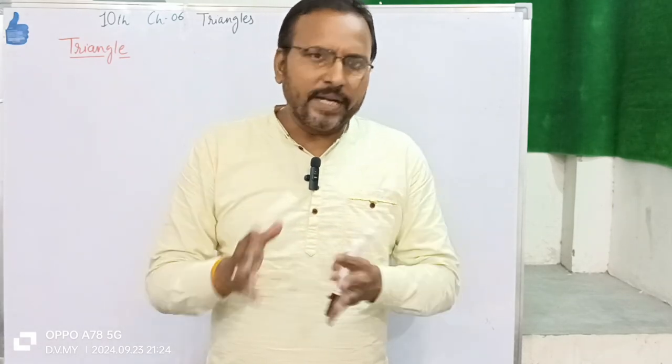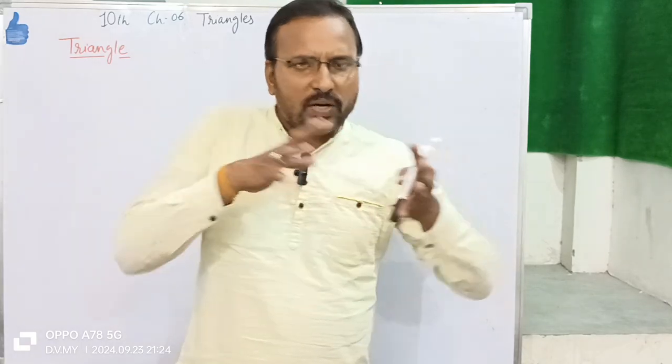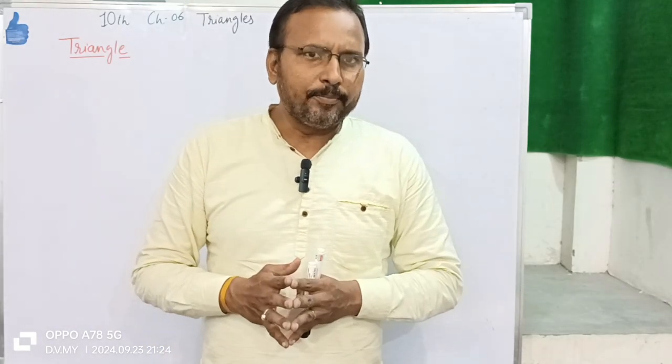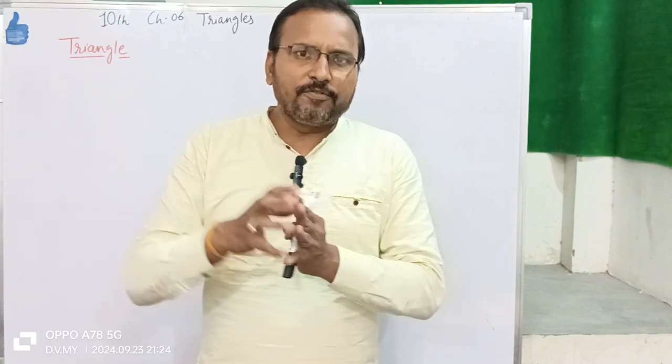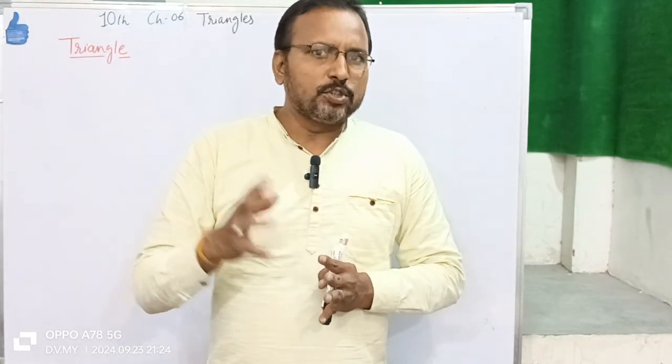Now let's come to the point here. What are congruent triangles and what are similar triangles? Before that, we need to understand that congruent means of the same size and of the same shape.